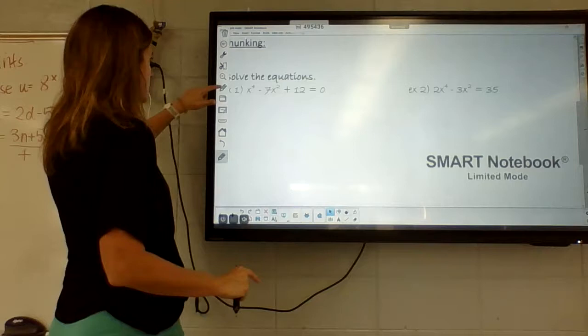So I'm going to move everything to the left side of that equation. So I'm going to move both of these over here. I'd like that first term to stay positive.